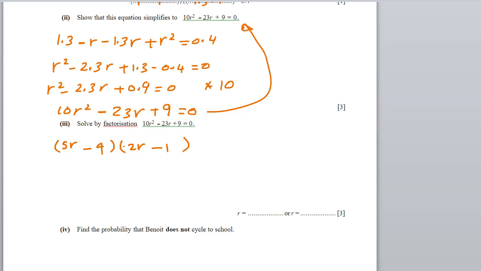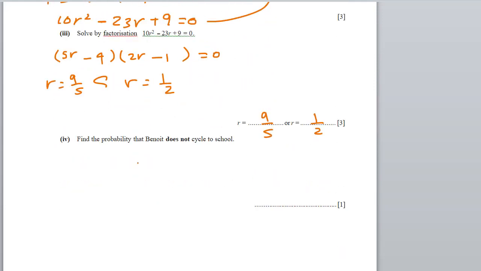So now 5R, 10R squared. Here we have 5R, 18 minus, right? So equal to 0. So R is equal to 9 divided by 5, and R is equal to half.